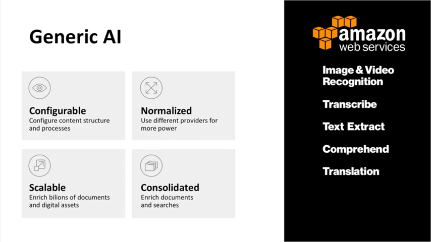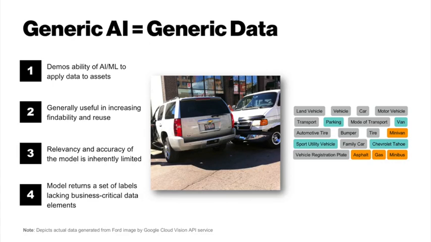But they are built by normalizing information from many, many different providers. That gives it a lot of power, but it makes the results fairly generic and basic in terms of what you actually get out of it. But again, as I mentioned, they provide a good foundation for enriching your digital assets going forward. So here's an example of a stock photograph from Ford run through the Google Cloud Vision API service.